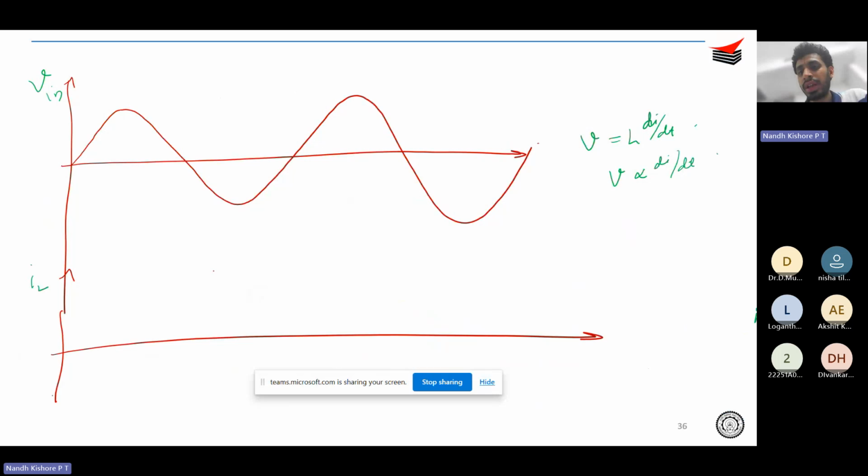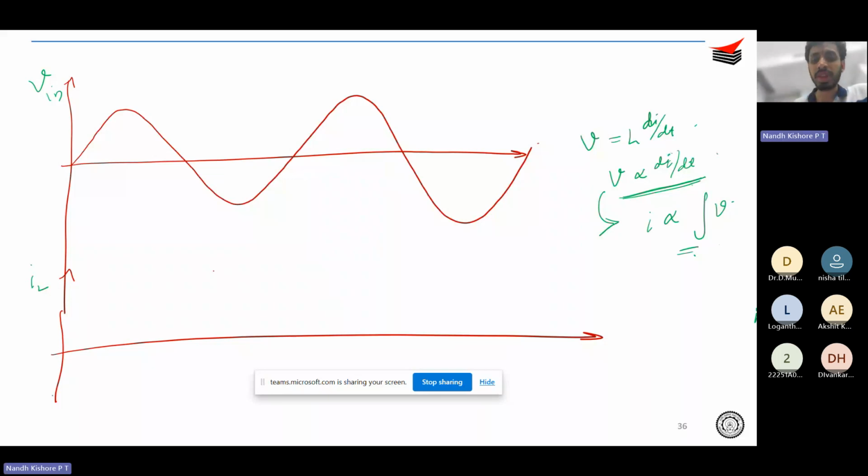So the voltage that you see over here is actually the derivative of the current, or conversely, as we derived earlier, I is proportional to the integral of the voltage.